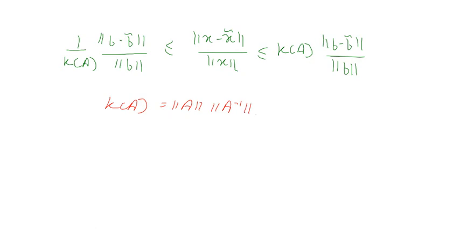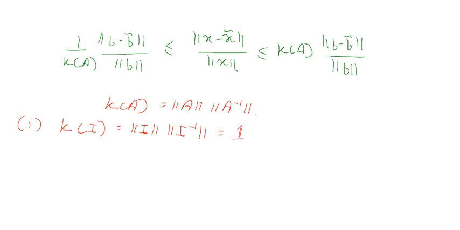Now what I wish to first tell you is the first property: condition number of the identity matrix. What will it be? Norm of I times norm of I inverse, both are 1, because for the subordinate matrix norm, the identity matrix norm is 1.